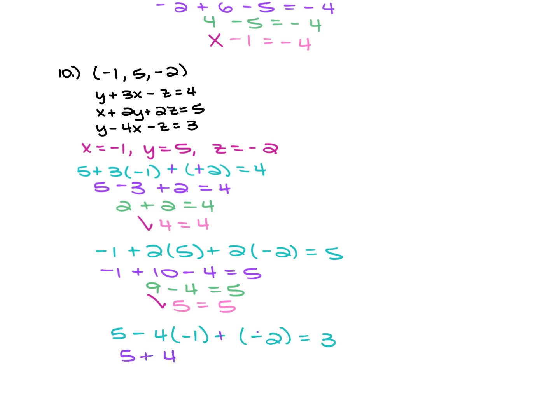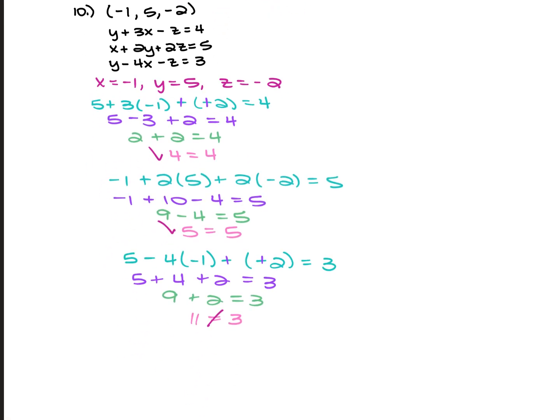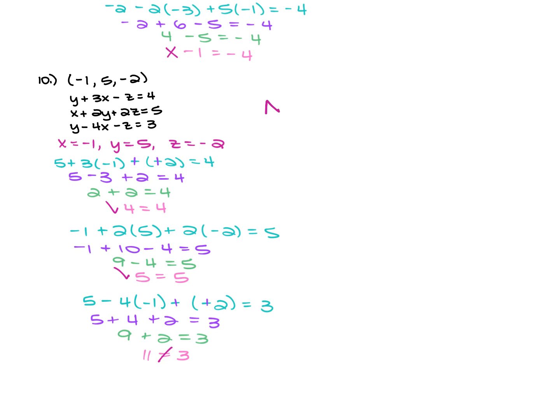The negative times the negative 2 is a positive 2. So that gives us 5 plus 4, which is 9, plus 2 is equal to 3. That's 11 is equal to 3, which again, false statement on the last one. So the entire thing means that no, that ordered triple is not a solution.